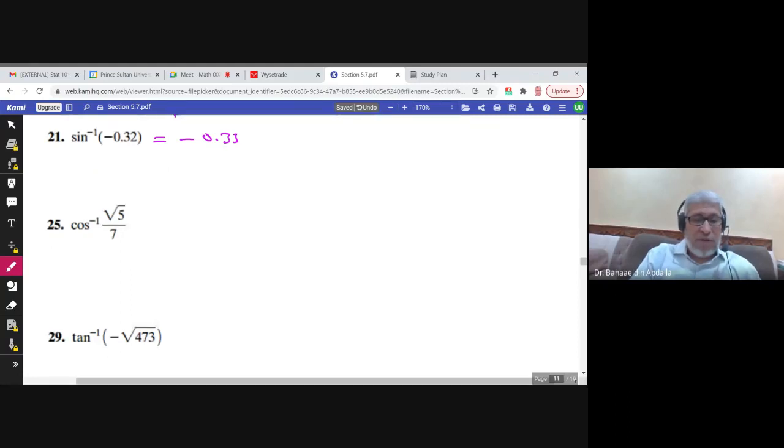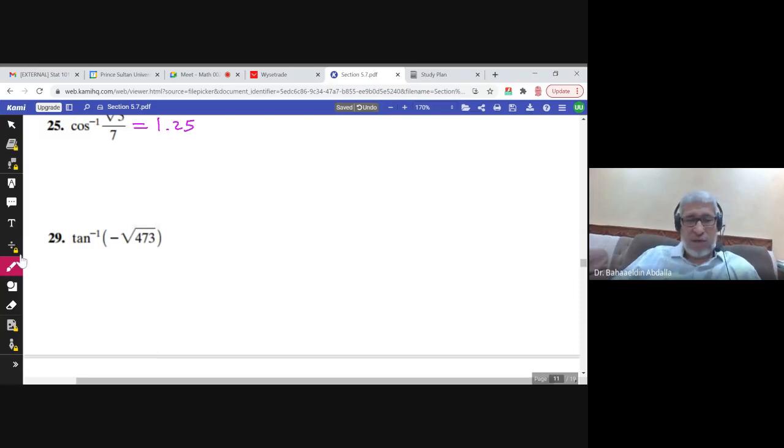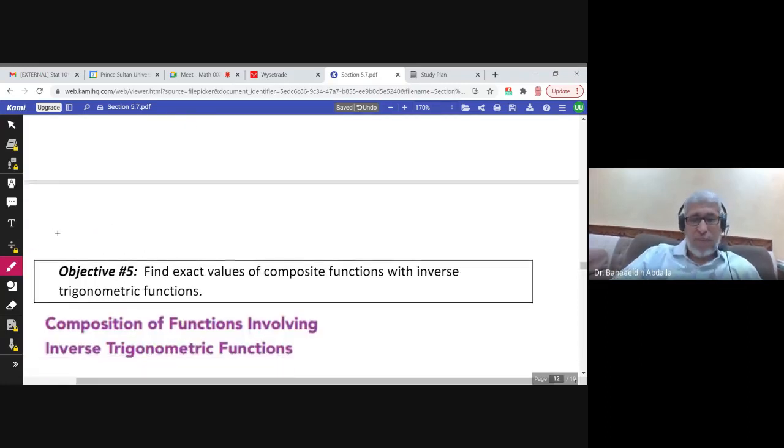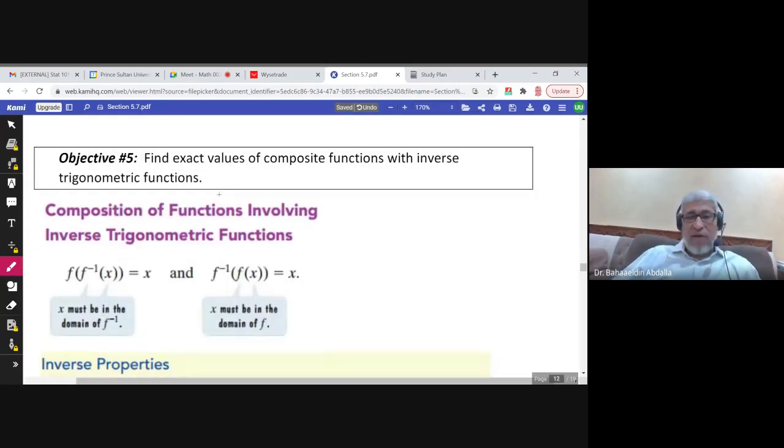Cosine inverse square root of 5 over 7. The answer is 1.245, so I make it 5, and so on. Please try this one.